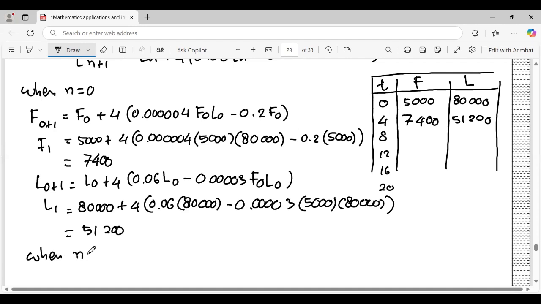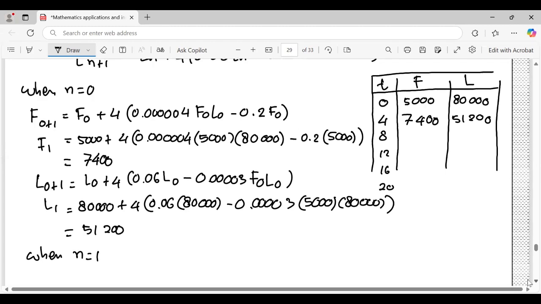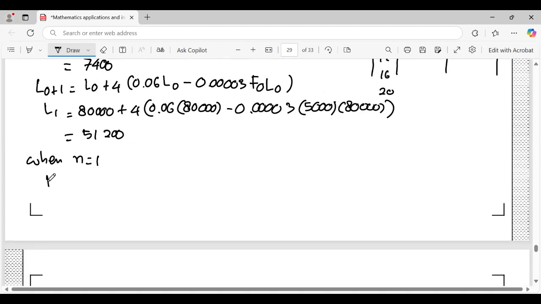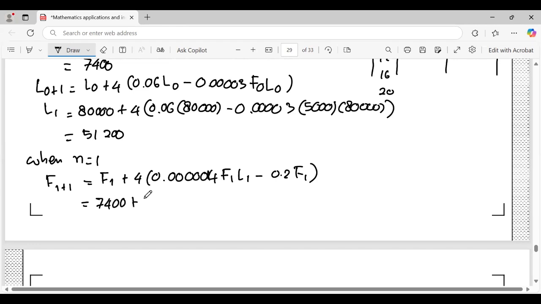When n equals 1, so F1 plus 1, or F2. It is F1 plus 4 times (0.00004 F1 L1 minus 0.2 F1), and it is 7,400 plus 4 times (0.00004 times 7,400 times 51,200 minus 0.2 times 7,400).